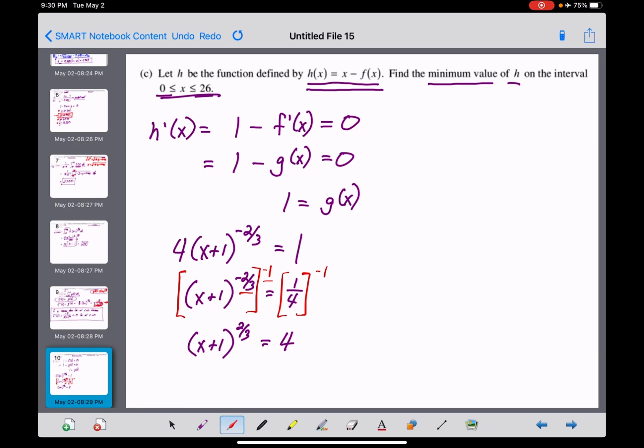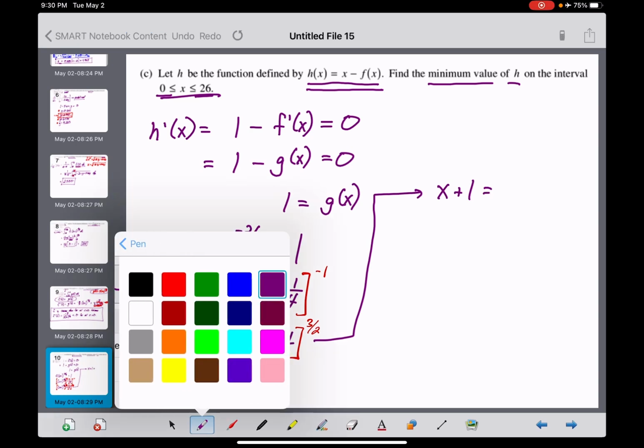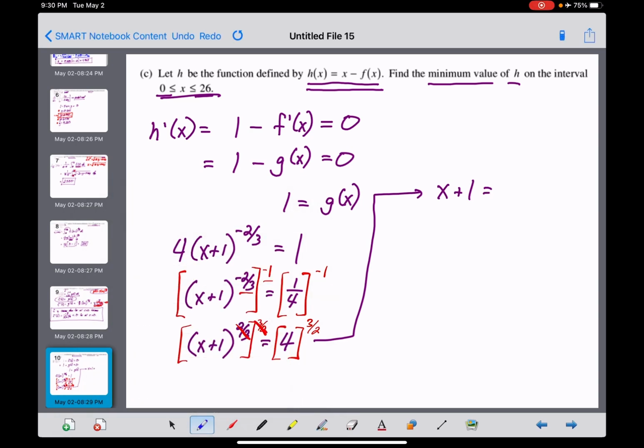Now, the second thing we're going to do to get rid of that 2/3 power is take both sides to the 3/2 power. So the 3/2 gets multiplied by the 2/3 to make 1 for your new exponent, which of course you don't have to write. So let me move up here, guys. That's now going to give us x plus 1 is equal to, and oh man, we have struggled with this throughout the year, guys, 4 to the 3/2 power.